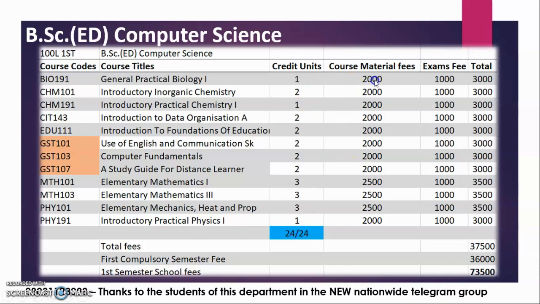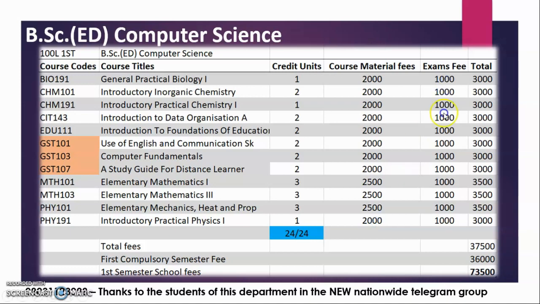Now, in the fees you pay, 1 unit is 2,000, 2 units is 2,000, but 3 units is 2,500. 4 units is 3,000 and so on for undergrad for this program. Now, these fees here are for course materials, the textbooks.